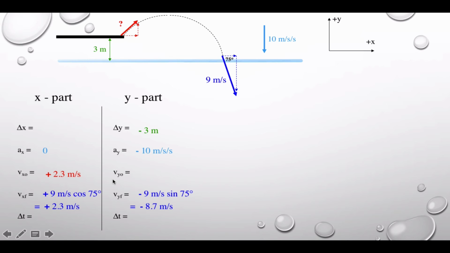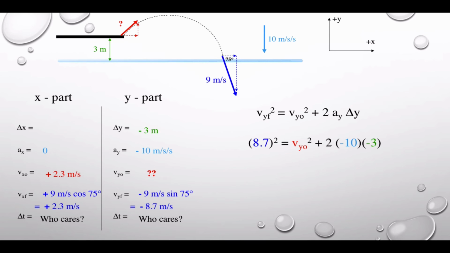So we use our kinematics in the y part, and we don't care about change in time at this point, so we use the kinematic equation that does not have time: Vf squared equals Vi squared plus 2a change in y. We do this for the y direction, plug in our numbers and chug out an answer. So we get approximately 4. The initial velocity in the y direction is approximately 4 meters per second.